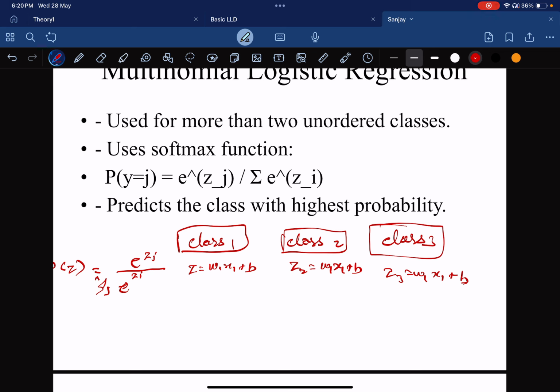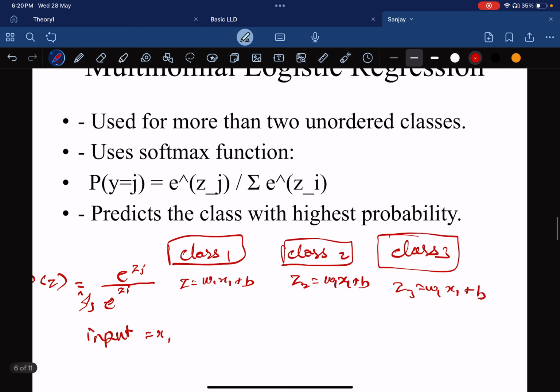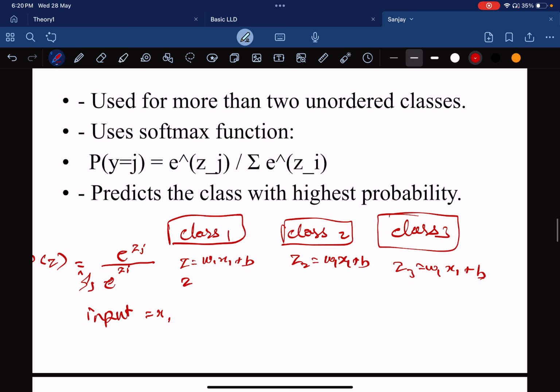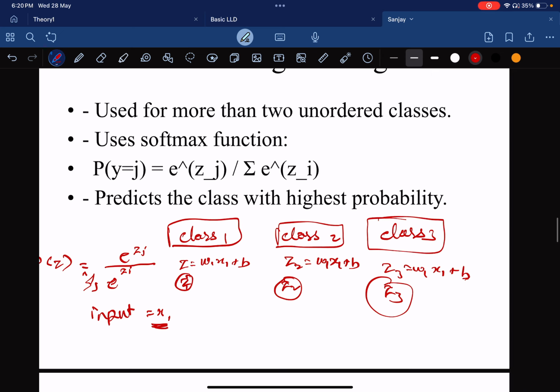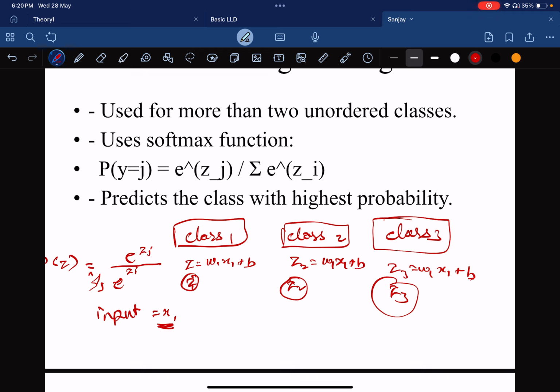When an input like x1 comes in, it goes to each regression equation in the classes, and each regression equation returns some continuous value as z: z1, z2, and z3 for this input x1. After finding the continuous values, each is put into the softmax function.